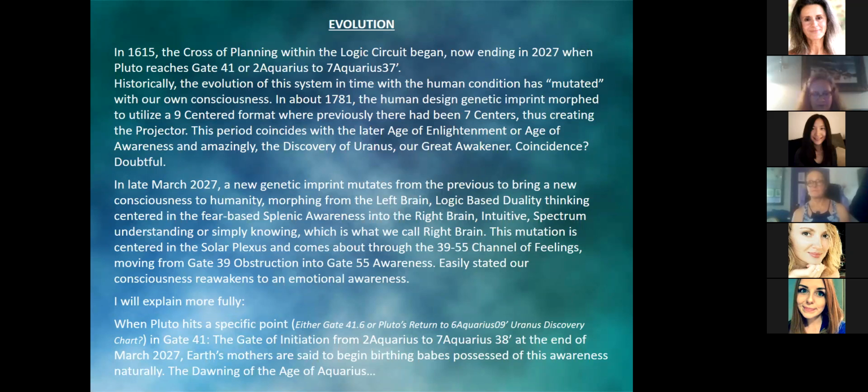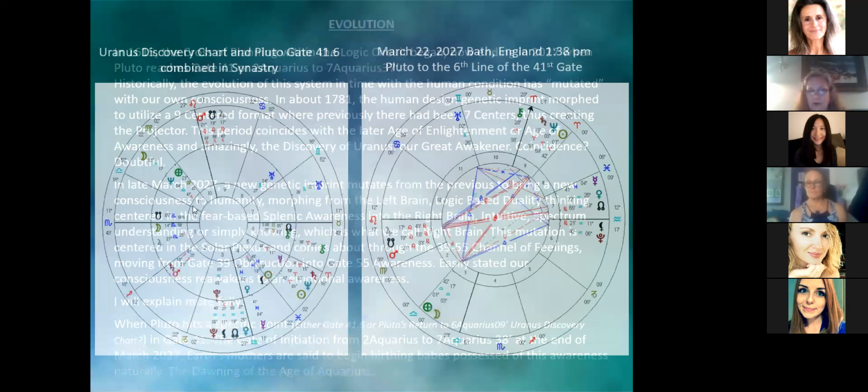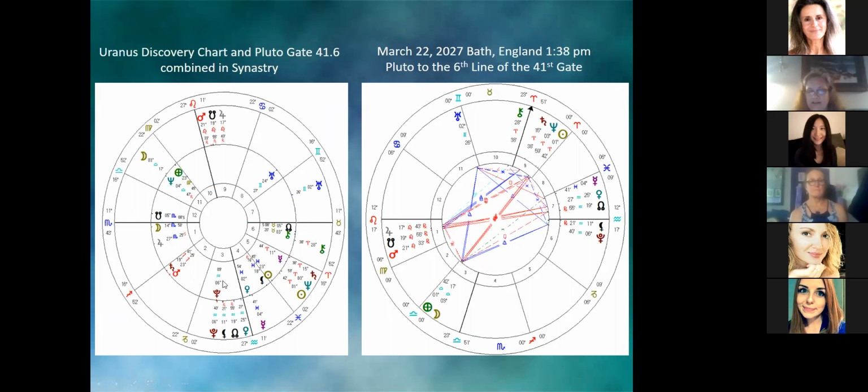It's been beautiful. Does anybody have questions perhaps for how Wei experienced this, or anything else in here? Those are the charts, by the way. Here's Pluto, 6-9 Aquarius in the discovery chart, 6-9 Aquarius coming up in 2027.